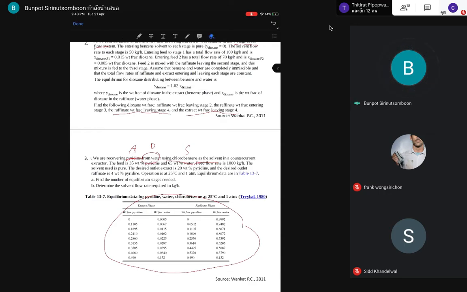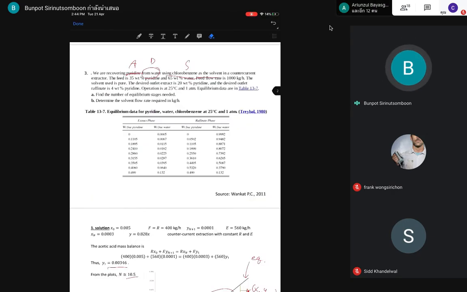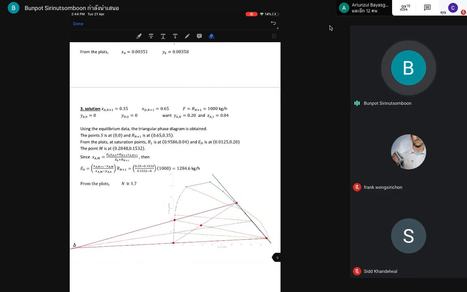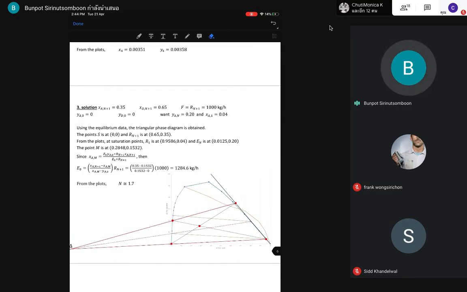From this, you need to be able to draw a triangular diagram for the three components. This is what I have here, which shows you the final look.